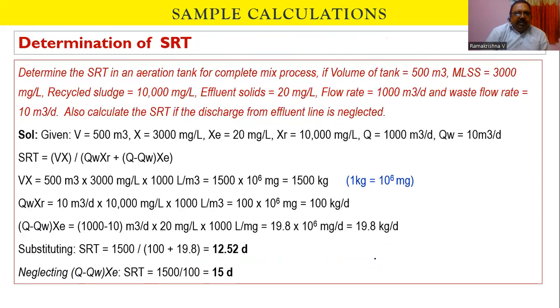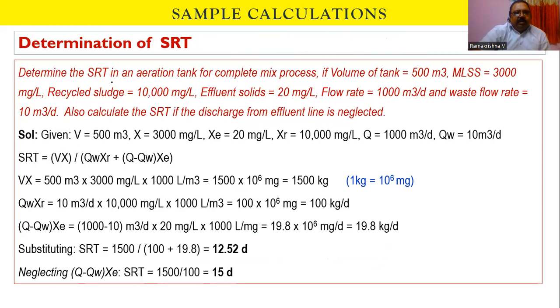Determination of solids retention time. In the calculation, some mass balance is also required. So we'll see that mass balance and conversion, particularly the conversion things, we will take into consideration.